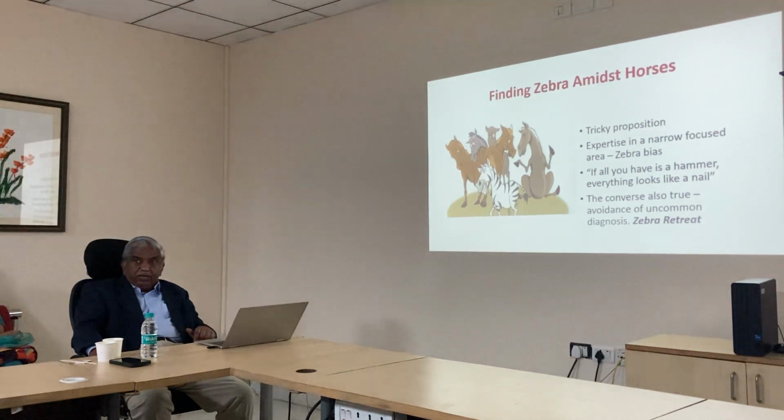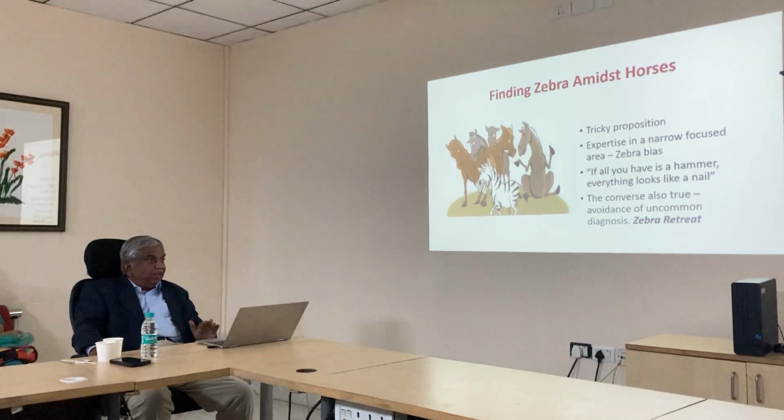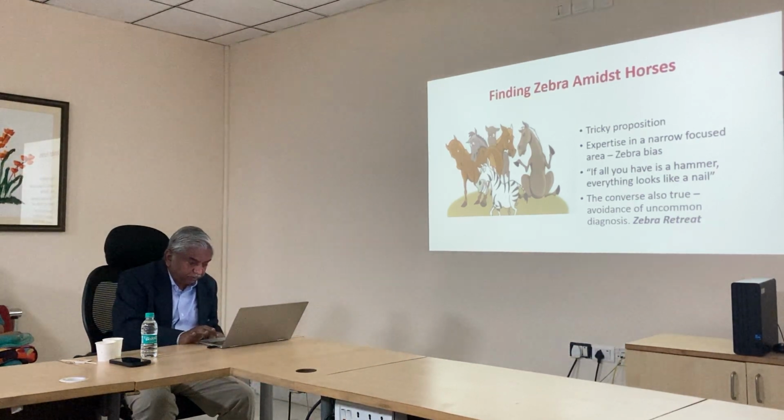Avoidance of uncommon diagnosis. This is called zebra retreat. That many times when we are unsure, we have not seen a particular diagnosis in our past experience, and that diagnosis is very difficult to confirm with the available tests you have in your hospital, you try to avoid thinking about that diagnosis. This is also one of the cognitive mistakes we do.